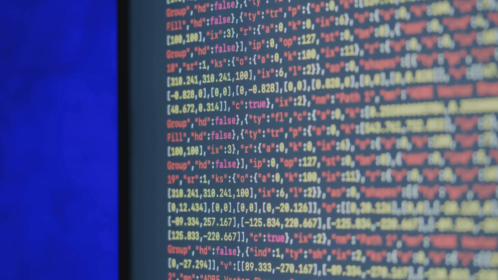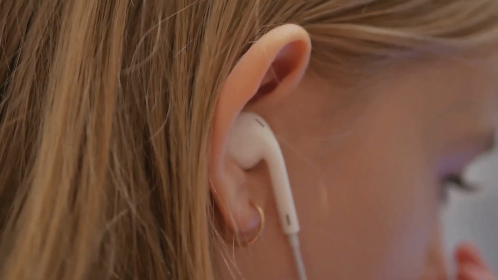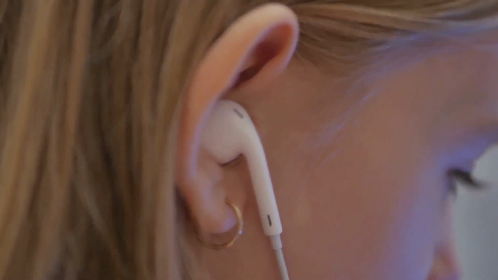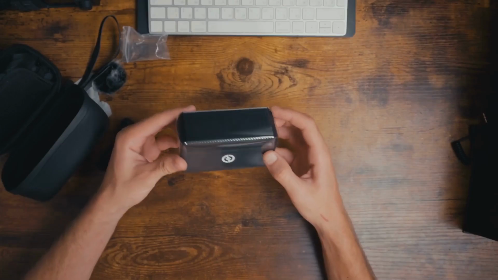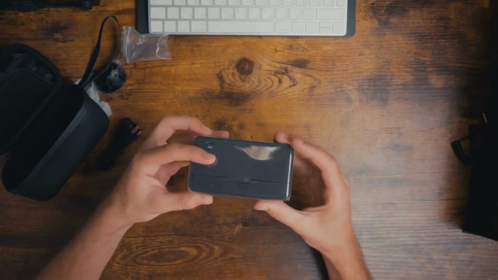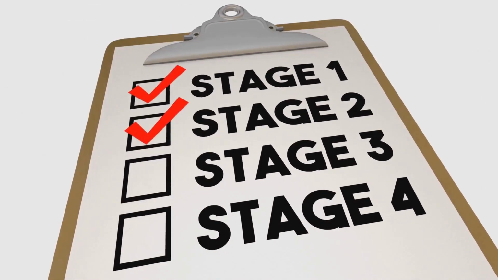Next, craft your hook. It decides if viewers stay past the first 15 seconds. "In the next 9 minutes, I am going to show you the absolute best wireless earbuds you can buy for under $30, and I will reveal the one pair that beats brands that cost 5 times as much." Specific, curious, and sets clear expectations.